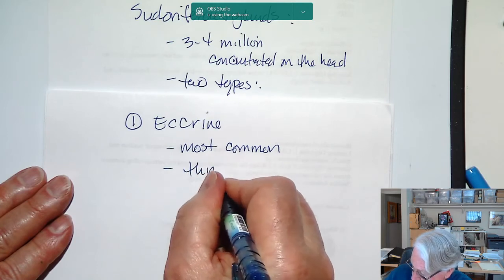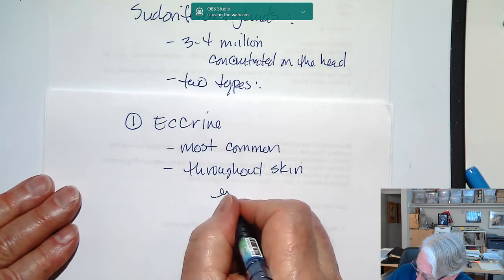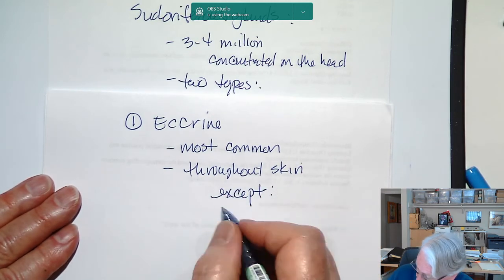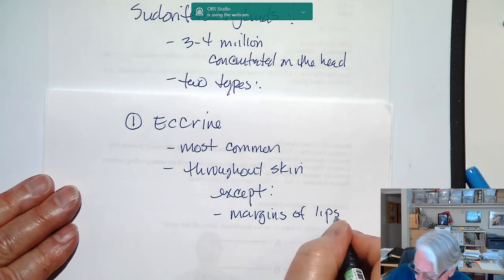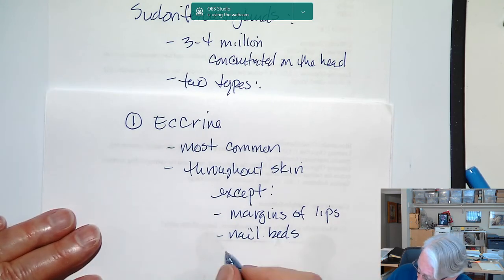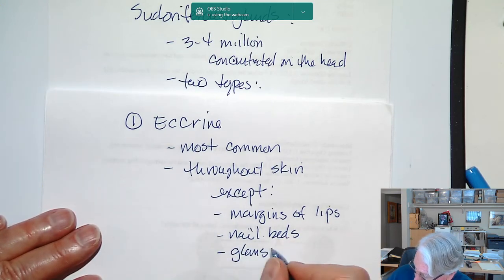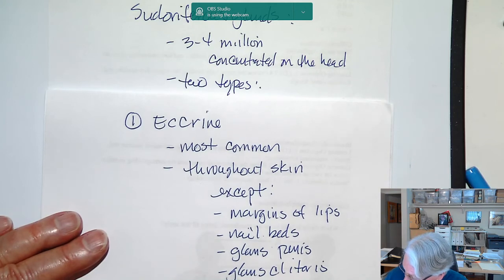And it's found throughout the skin, except in the following locations: the margins of lips, nail beds, glans penis, the glans clitoris, the labia minora, and the eardrums.